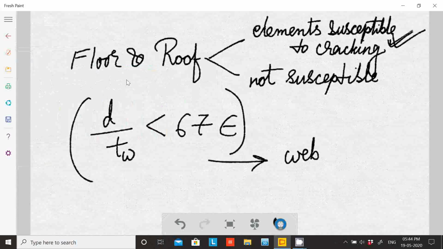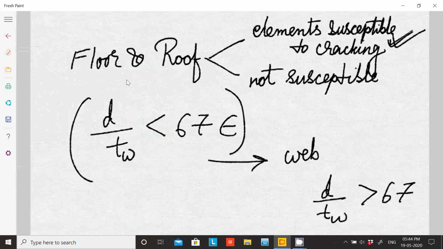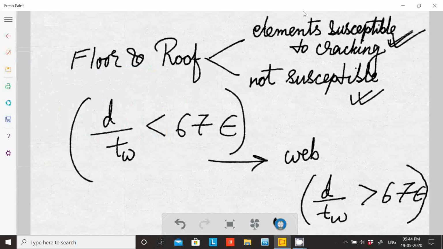But if sometimes you get that d by tw is greater than 67 epsilon, that means the web may be vulnerable to cracking. Luckily this is not the situation here. So we will be considering elements not susceptible to cracking.